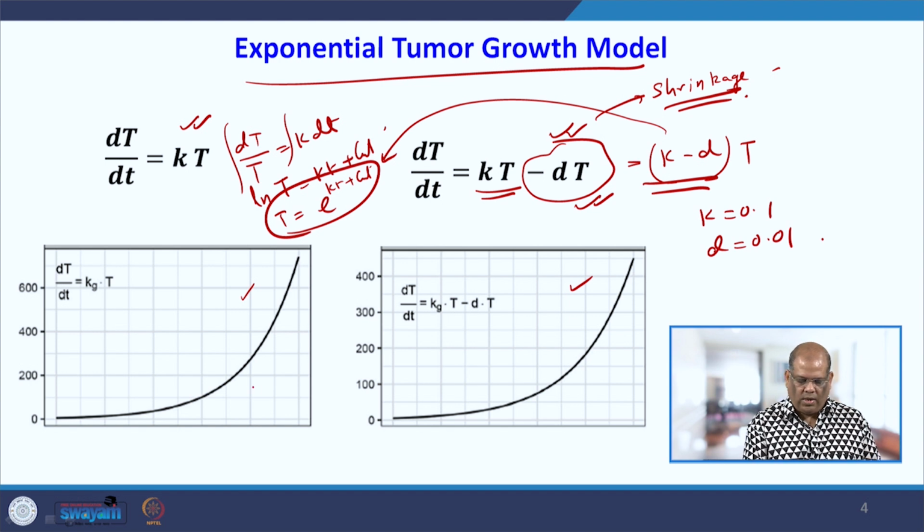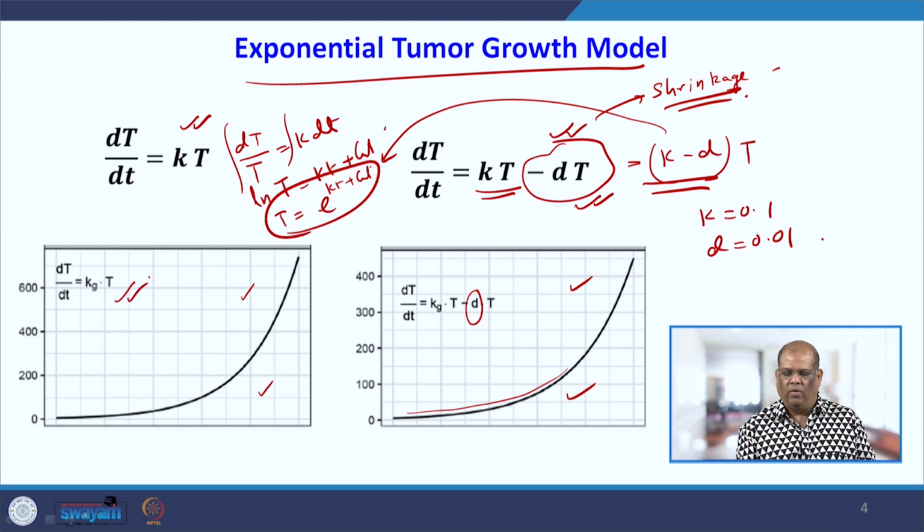If you compare both graphs, you will see that here the growth is a bit sharp, whereas here it is a bit flat and then going up again. Both are exponential, but due to this component, the growth of the tumor cells is somewhat less because it is given a negative sign, whereas this grows totally exponentially without any shrinkage or natural death of the cells.